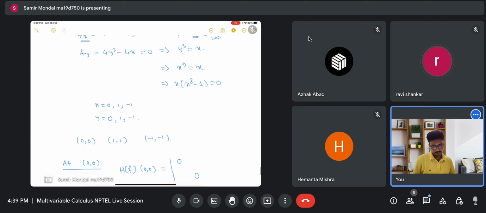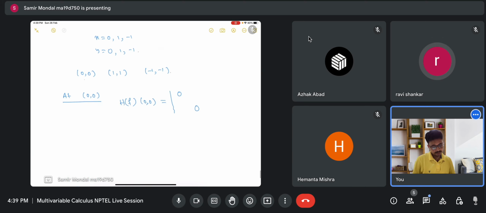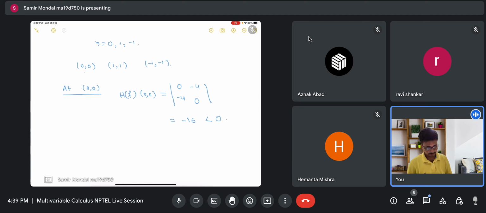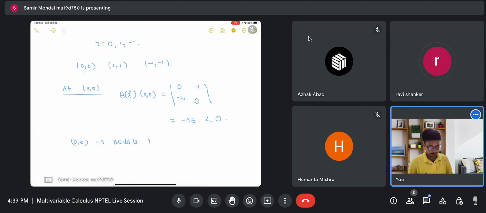So f of xy is minus 4. The Hessian is then 0 times 0 minus minus 4 squared, which is minus 16. The Hessian is negative, so 0, 0 is a saddle point.